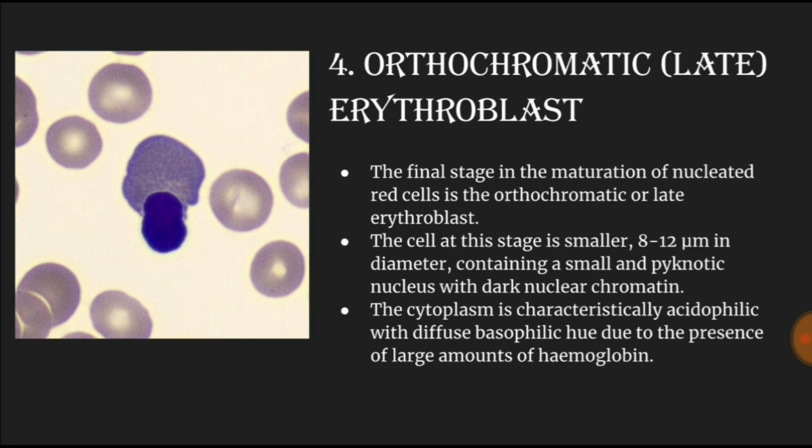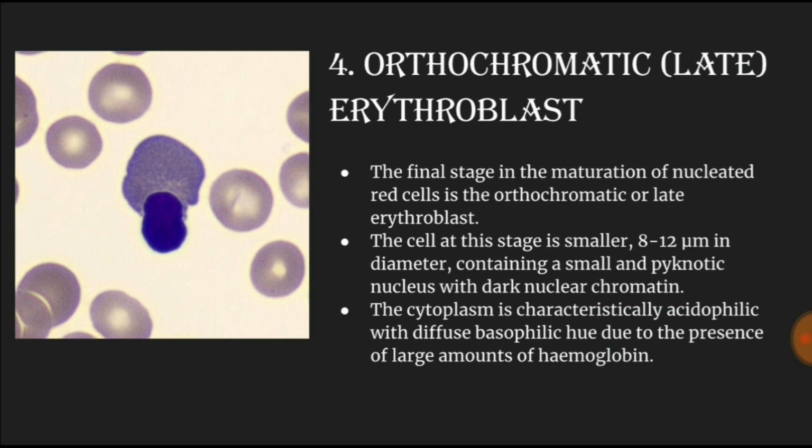Moving to the orthochromatic or the late erythroblast. This is the final stage of maturation of a nucleated RBC cell, and hence it is called orthochromatic or late erythroblast. Now this cell is smaller compared to the proerythroblast and the previous stages or the series of RBCs.